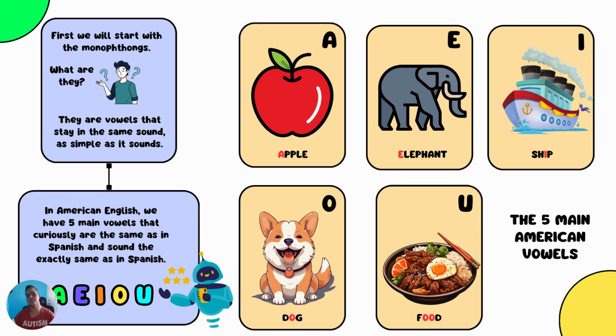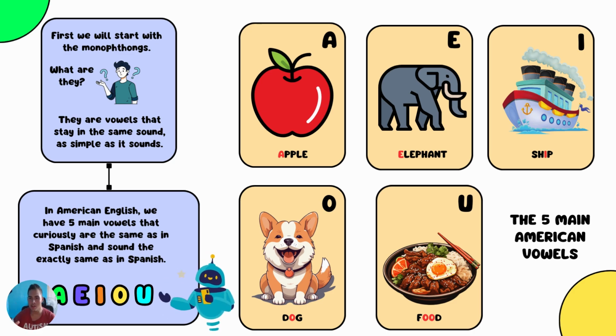First of all, we are going to start with monophthongs. What on earth are monophthongs? In American English, we have five main monophthongs. We have a as in apple. We have e as in elephant.